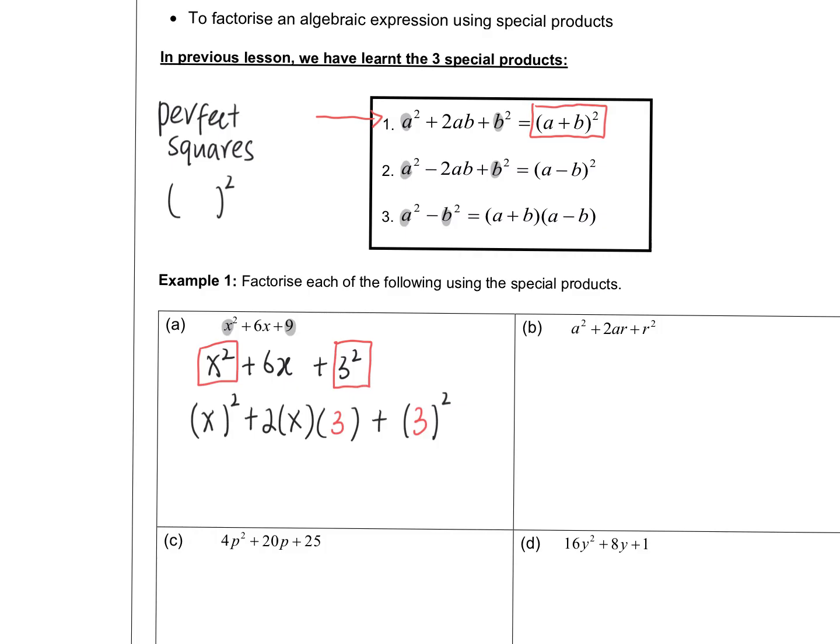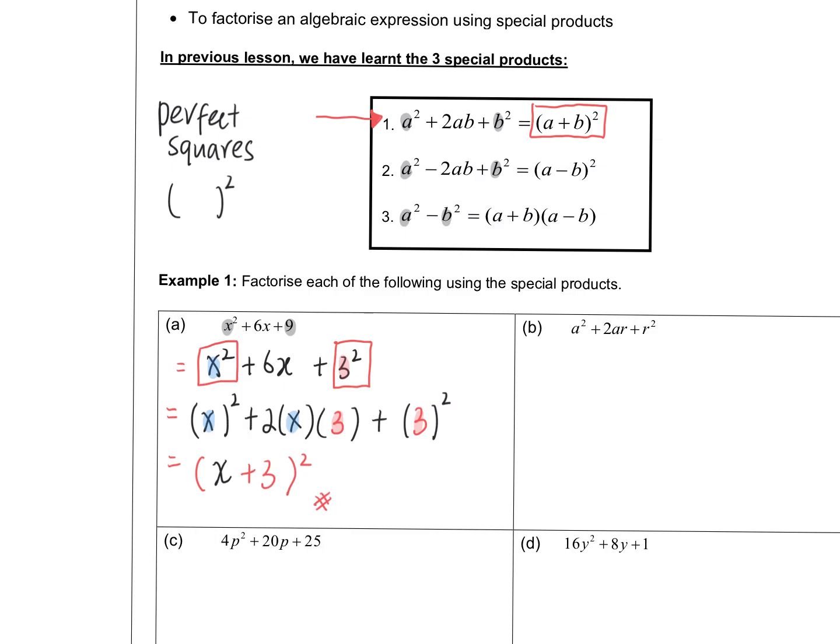This is my a. This is my b. So what should my factorized form be? If I use number 1, it will just be (a plus b) squared. So (x plus 3) squared. So this is my answer.